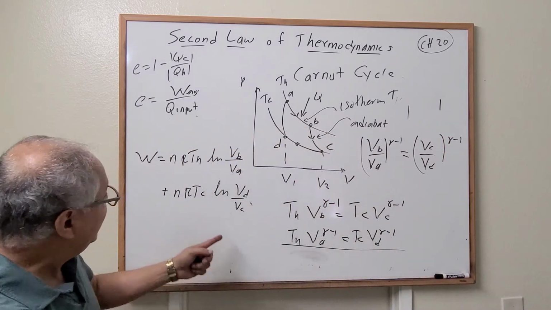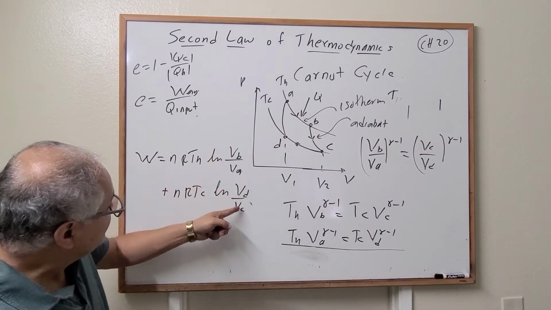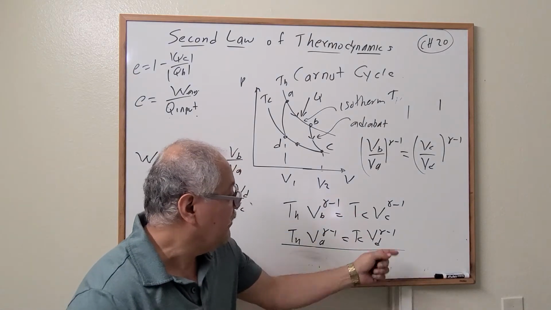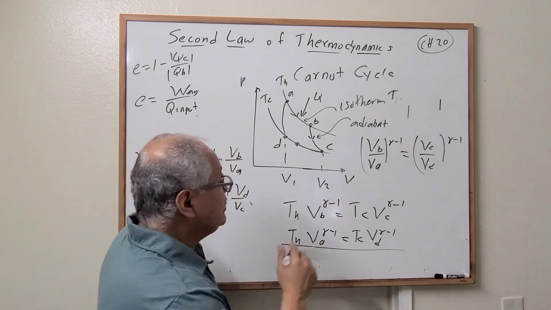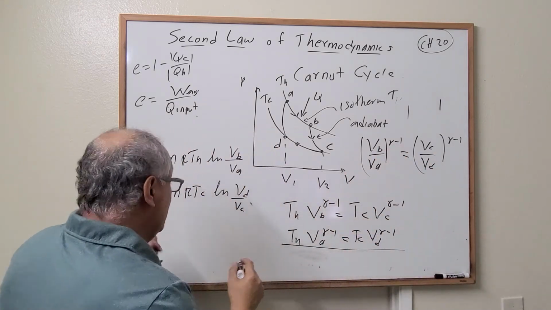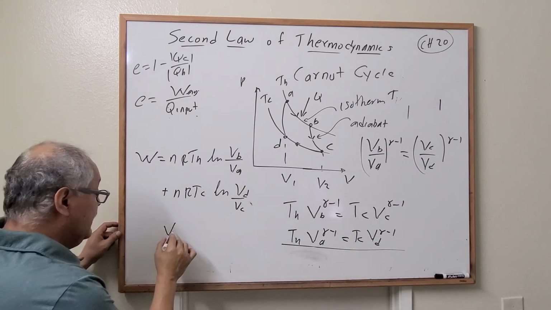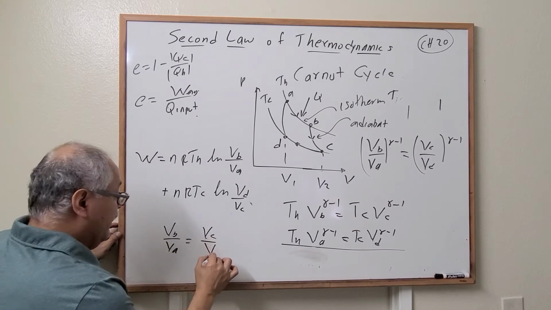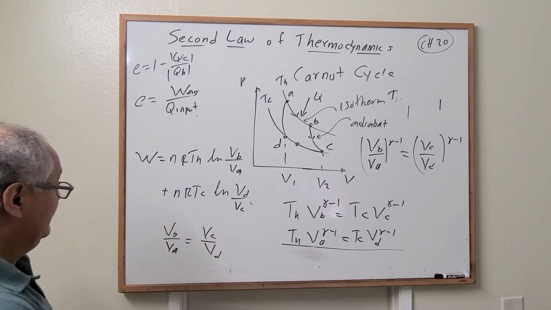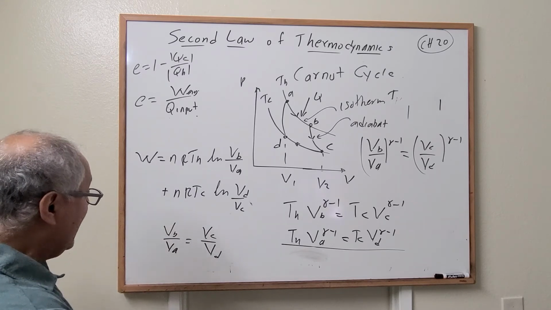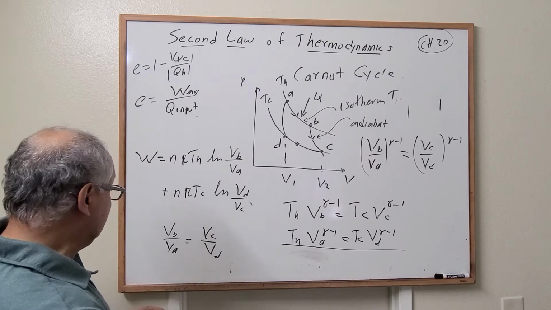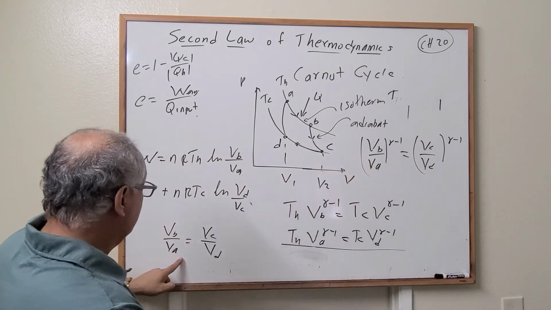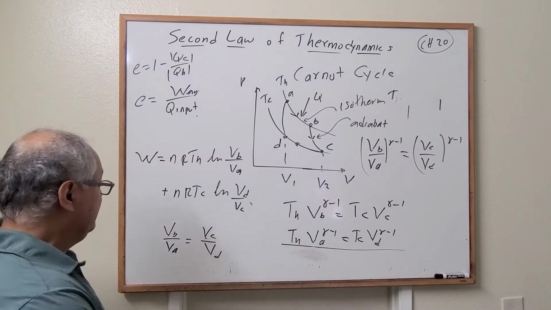The idea is to find how these ratios of volumes are related, using these conditions from the adiabats. Okay, so what is the conclusion from here? We have that VB over VA must be equal to Vc over Vd.